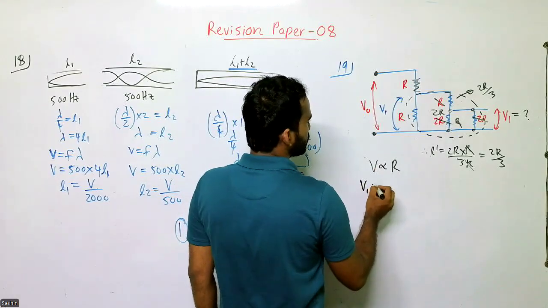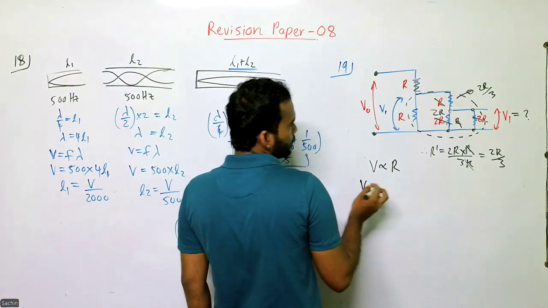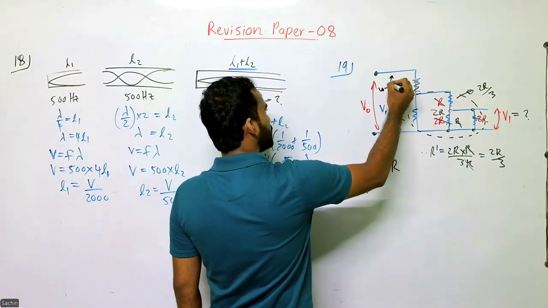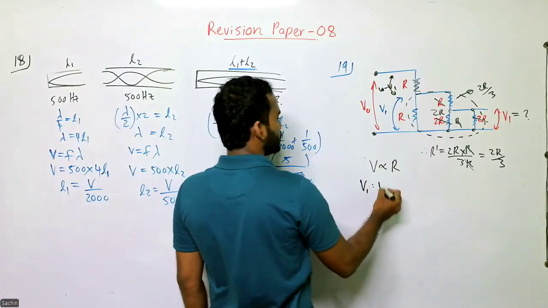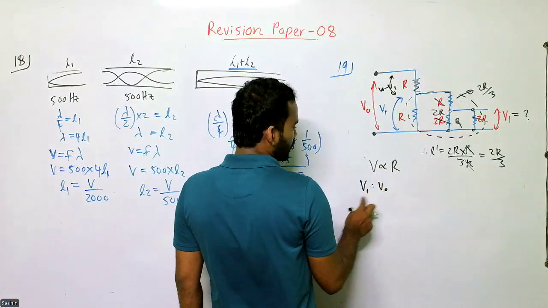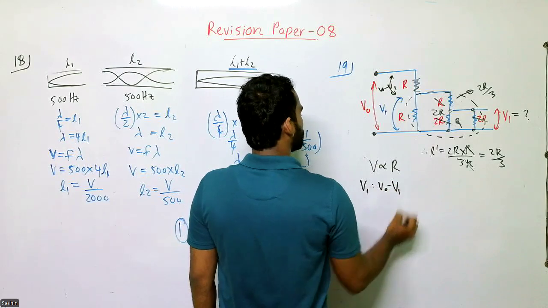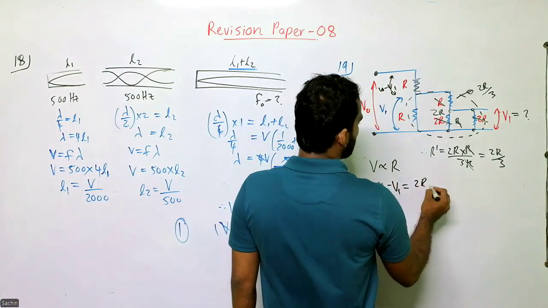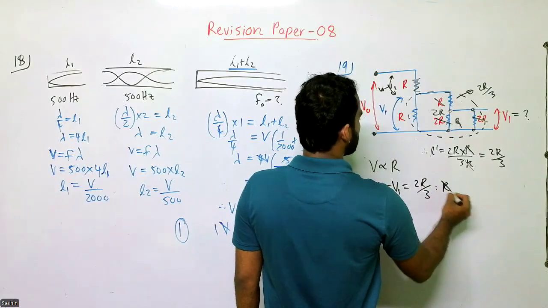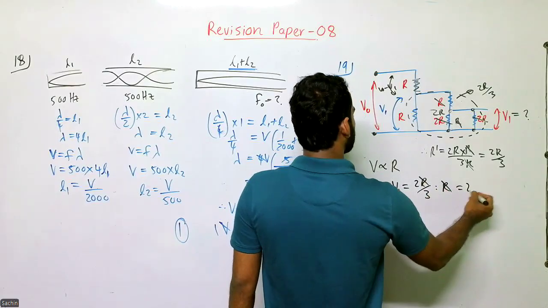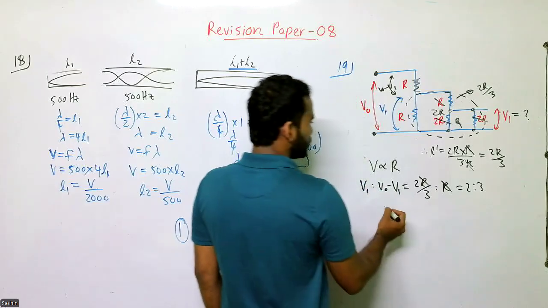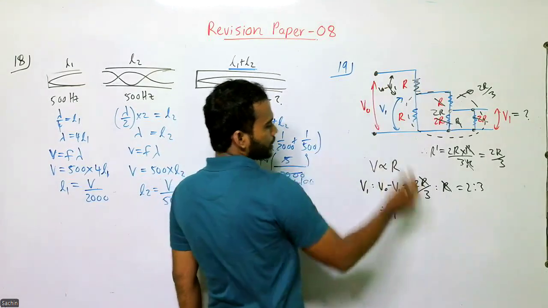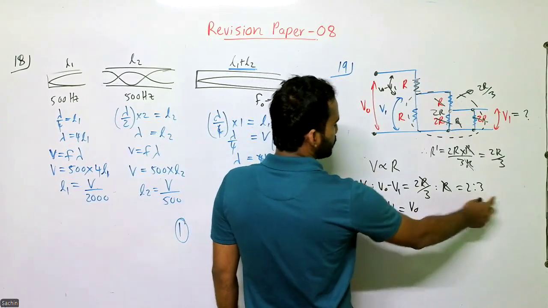So if this is V1, the remaining should be V0 minus V1. The whole thing is V0. So V1 is to V0 minus V1 is equal to 2R over 3 is to R. R gets cancelled. Ratio comes as 2:3. Then you can calculate V1 in terms of V0. The total is V0. So divide it to 2:3 ratio.